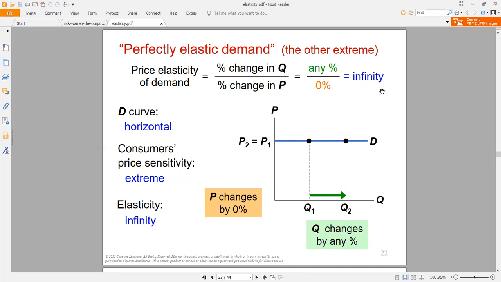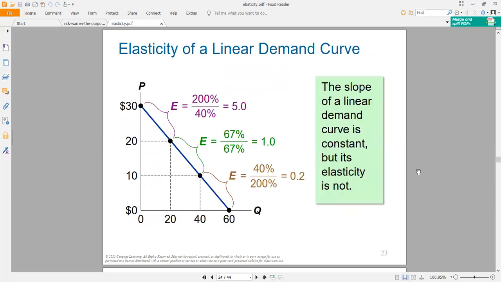So the numerical value is infinity. The demand curve is horizontal, and consumers are extremely sensitive to changes in price. When you calculate price elasticity and you get a very large number, it means the good has a perfectly elastic demand.